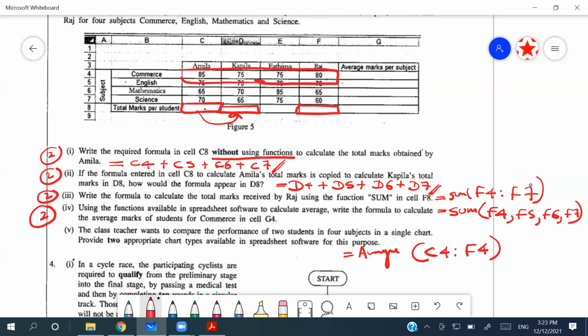The final part is asking: the class teacher wants to compare the performance of 2 students in 4 subjects in a single chart. Provide 2 appropriate chart types available in spreadsheet software for this purpose. So you can have column charts.